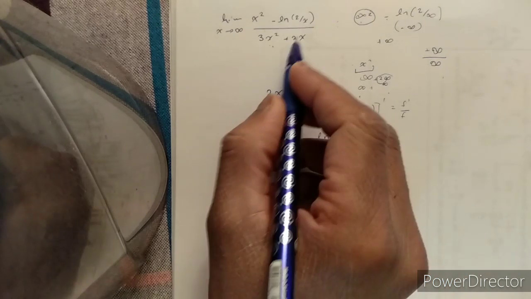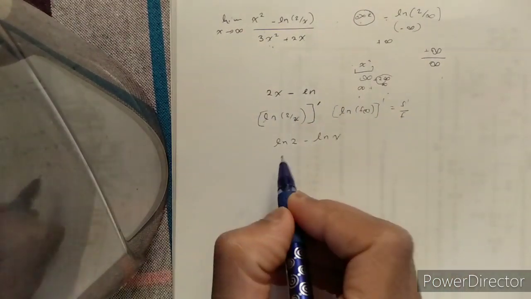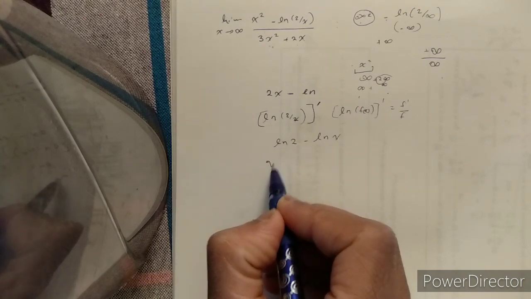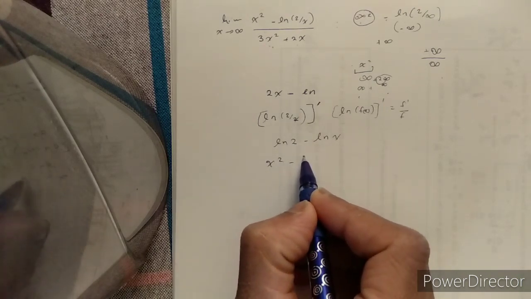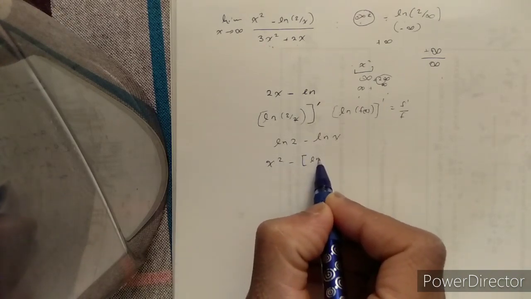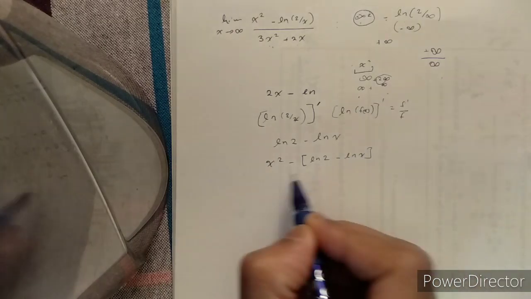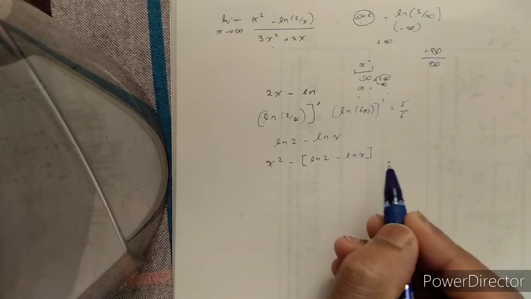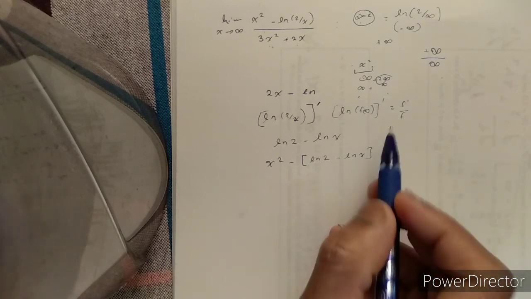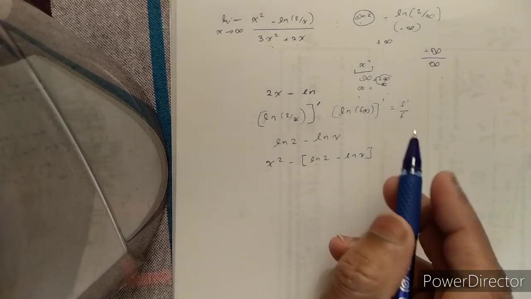So instead of this term in the numerator, we can write x squared minus ln 2 minus ln x, and then just differentiate term by term. Either way, you should get the same answer.